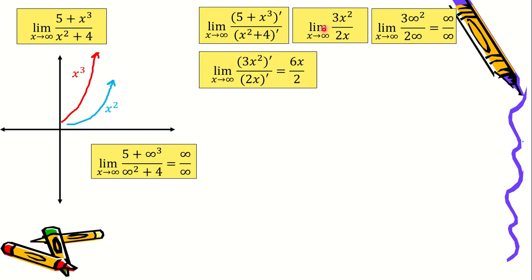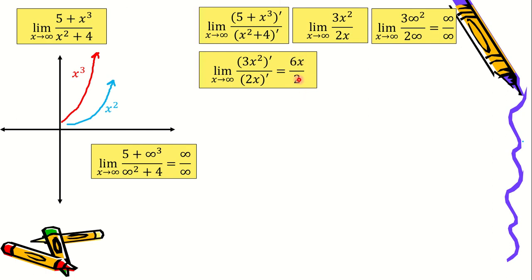Okay, so dito sa limit of 3x squared over 2x as x approaches infinity, kukunin pa rin ulit natin yung derivative ng numerator and denominator. So the derivative of 3x squared is 6x. The derivative of 2x is 2. So as you can see, wala na tayong indeterminate form.